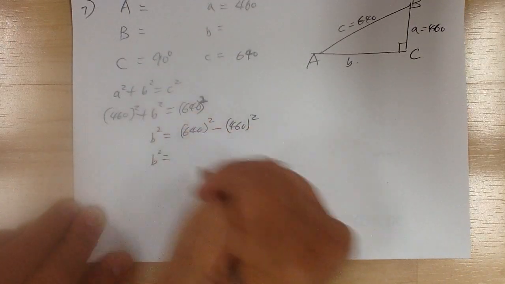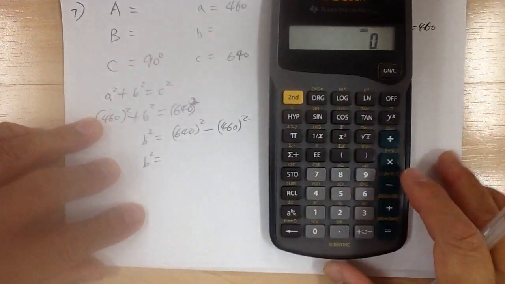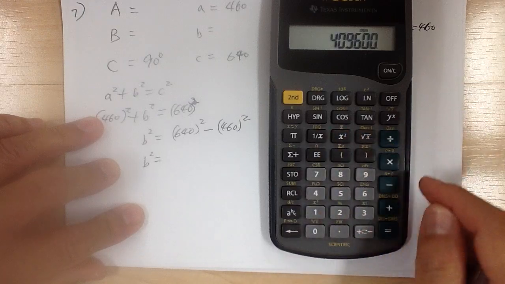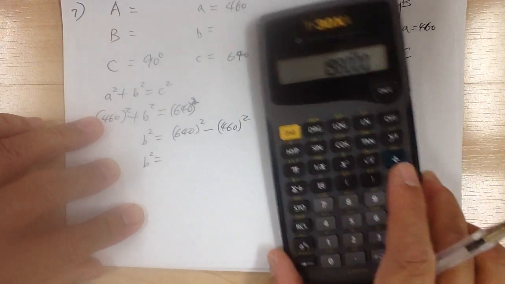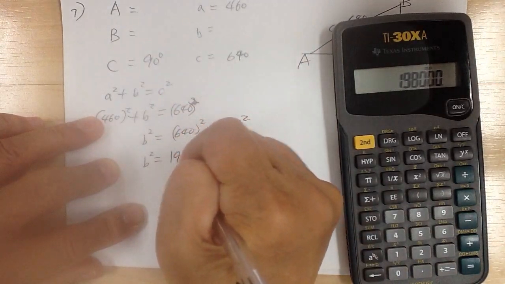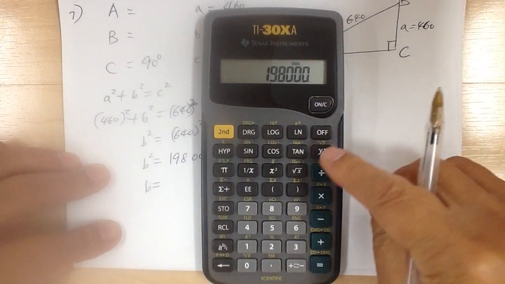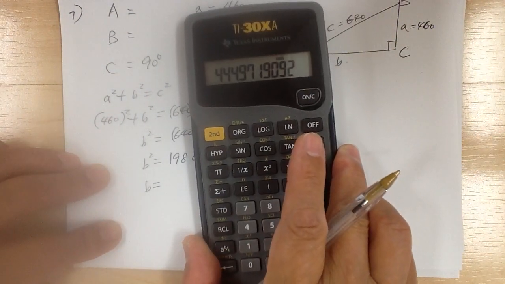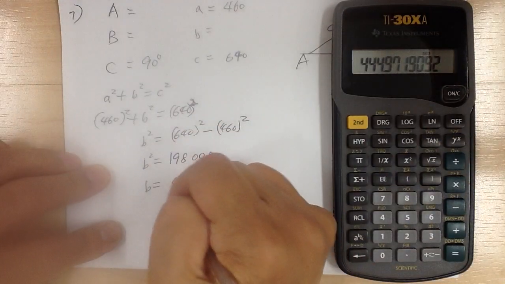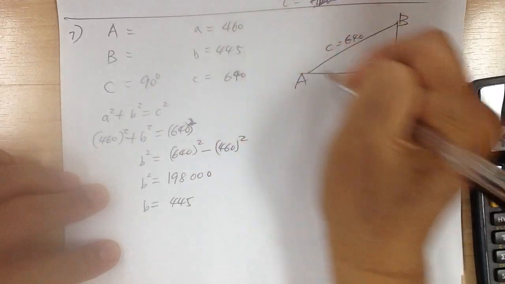Okay, so get your calculator. So you got 640 squared minus 460 squared equals 198000. So b equals, again, now from here take the square root. So don't erase, just take the square root. You get 445. Okay, so b equals 445.